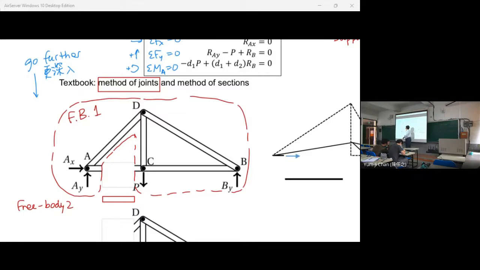So we divide the truss into two free bodies, where free body 1 is here and free body 2 is here.